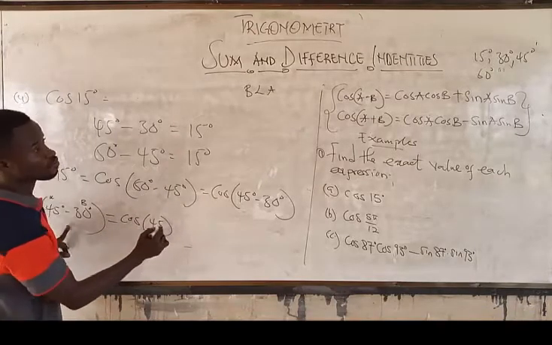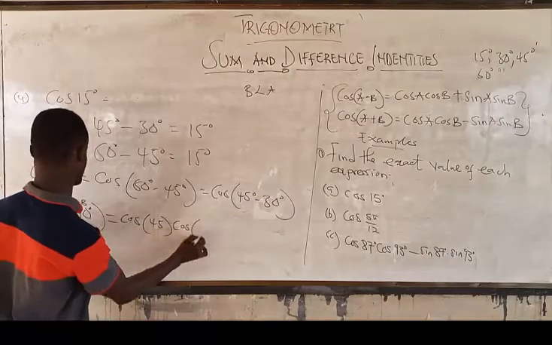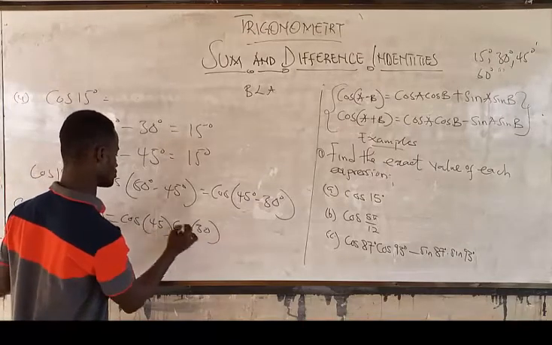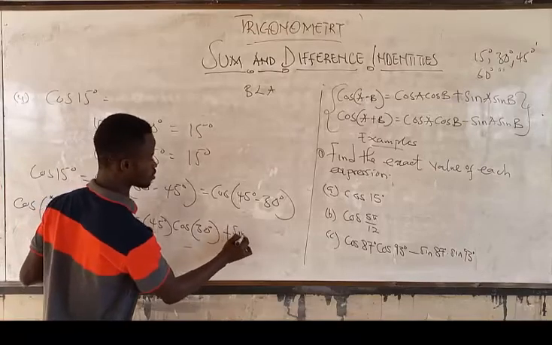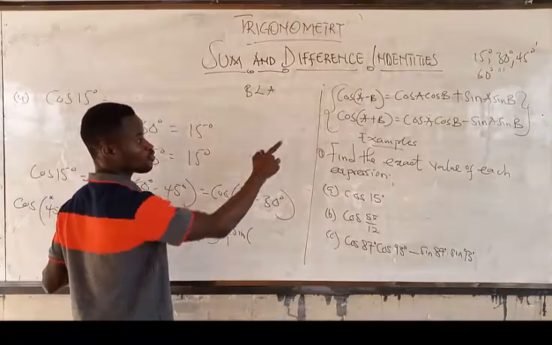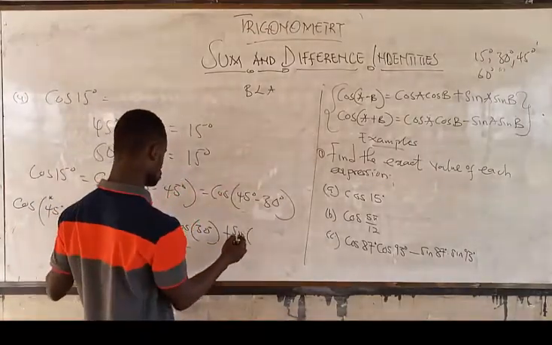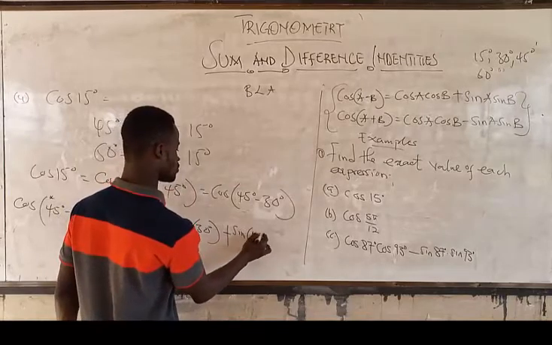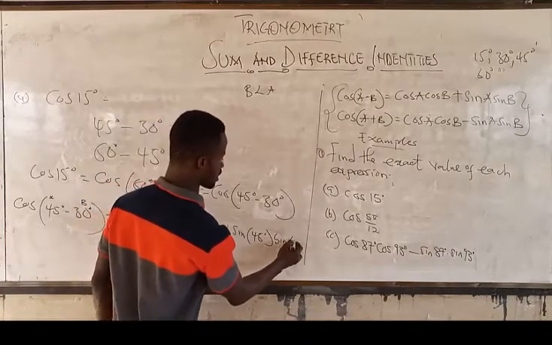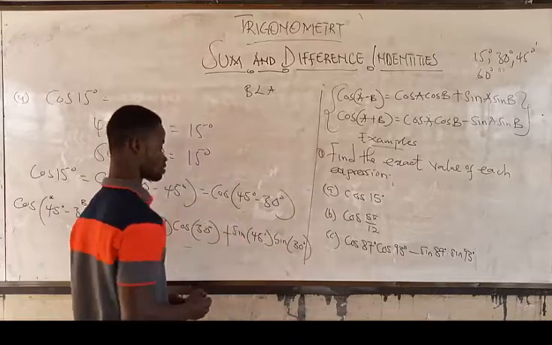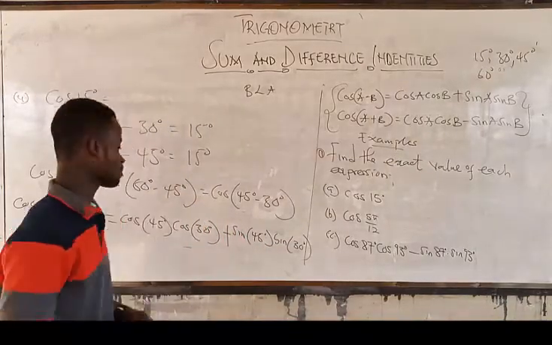So by substitution, cos 45 degrees cos 30 degrees plus sine 45 degrees sine 30 degrees. Now you have to know these values also.